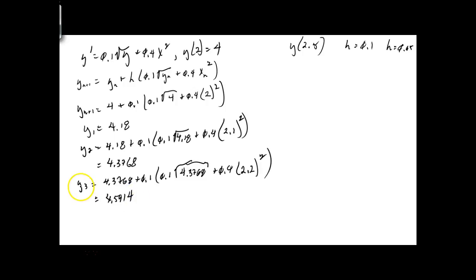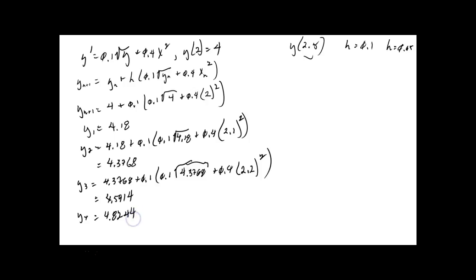Okay. So your y4, now remember we're heading toward 2.5, and so far the x is 2.2, this time it's going to be 2.3. We're going to do it a couple more steps, and we plug that in just like we did before, and the y4 comes out 4.8244.